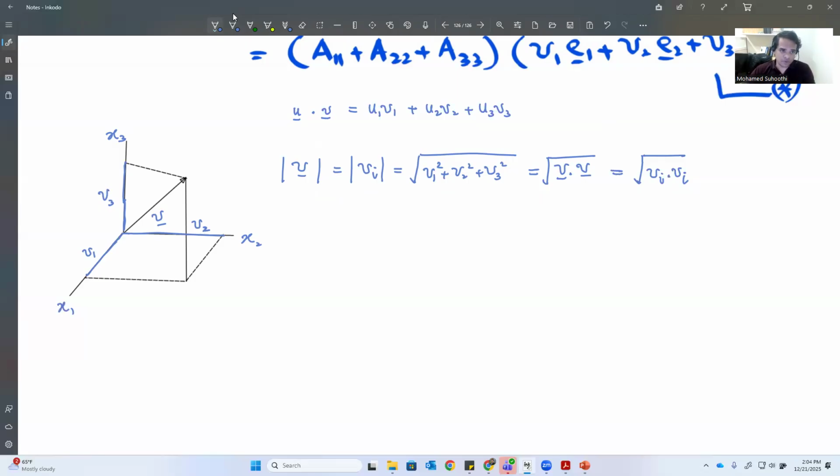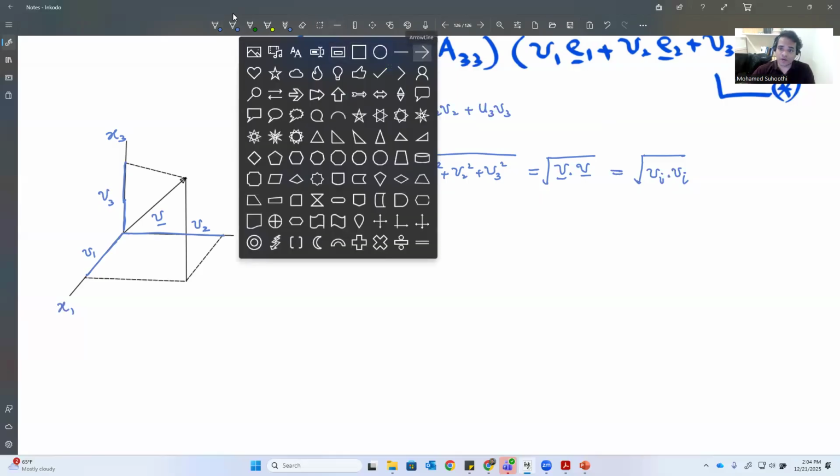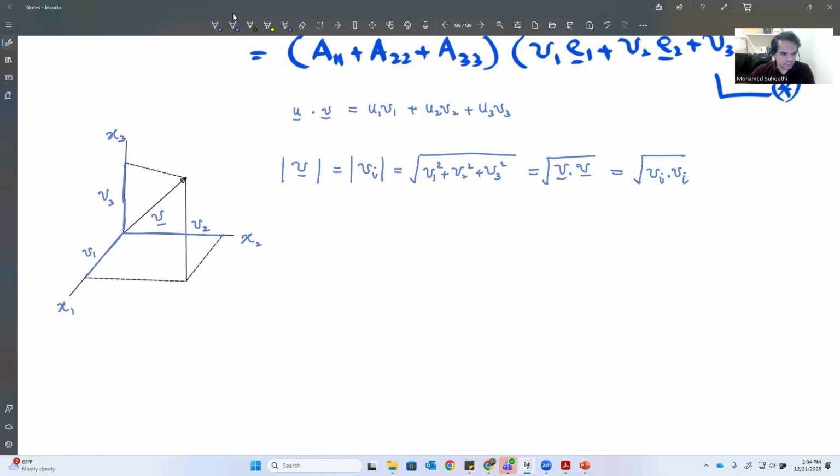Now what I'm going to do is use these definitions to define the dot product. So let's take two vectors, one along this way, and vector two is this way.